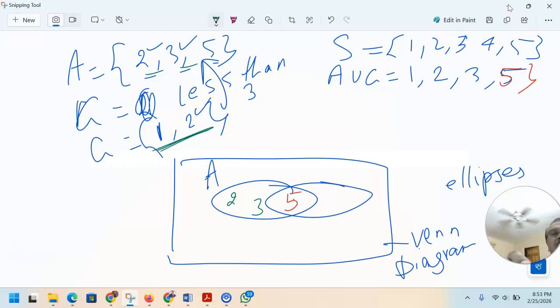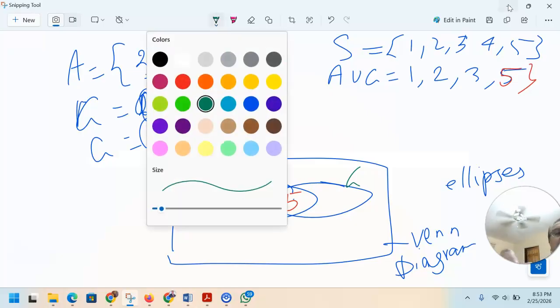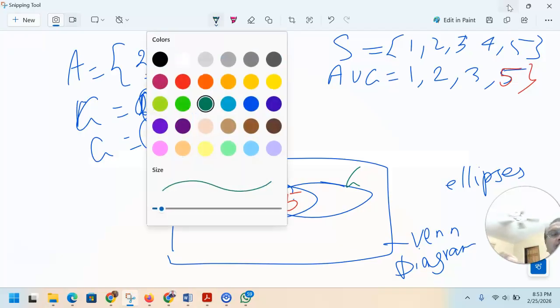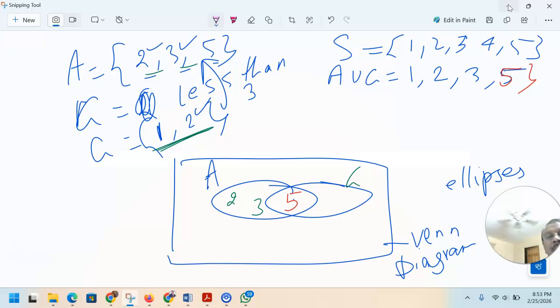And G has 1 and 2, but 1 is already written down. I'll use pink color and write this one here. See?